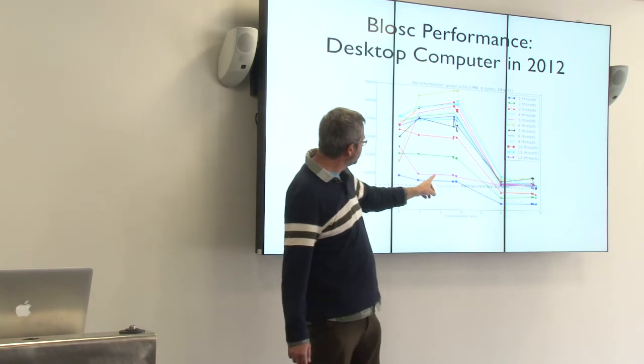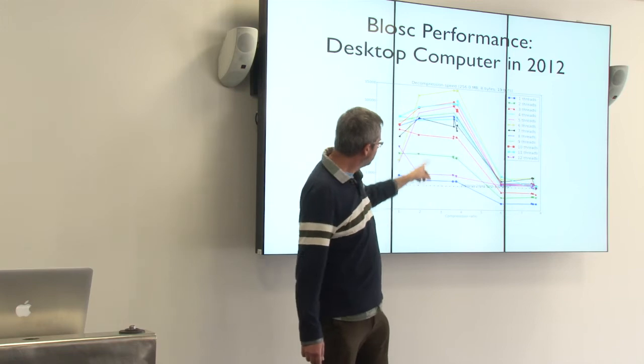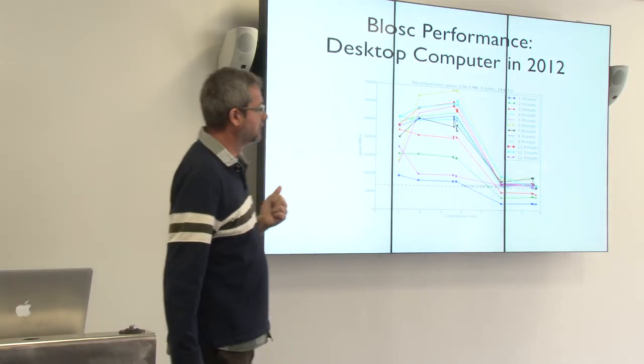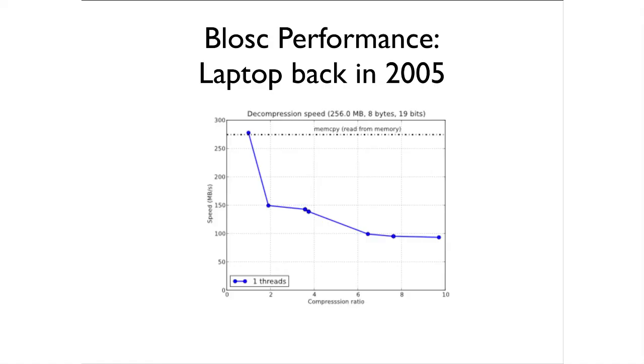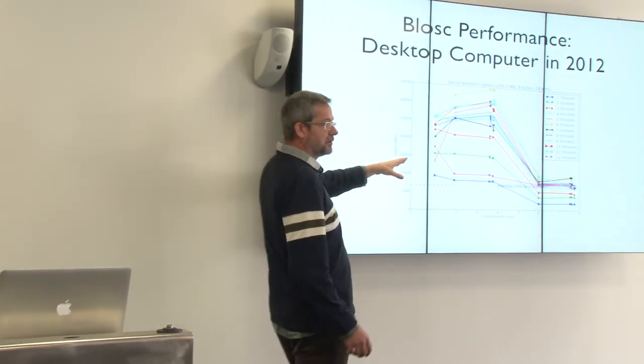So we can see that the decompression speed using 6 cores can be like, I don't know, probably 4 times faster than memcpy. Okay? So just compare CPUs of almost 10 years ago and CPUs of 2 years ago. And this tendency is going to grow, okay?